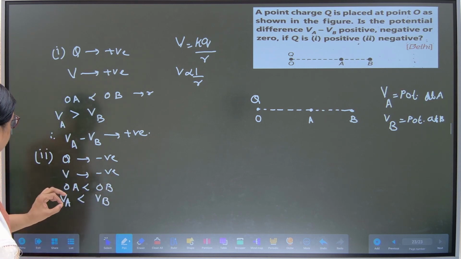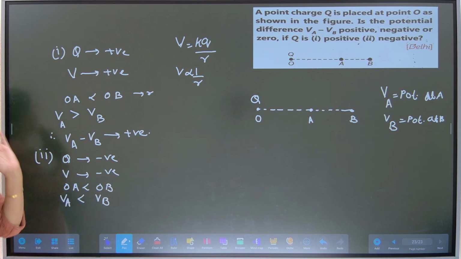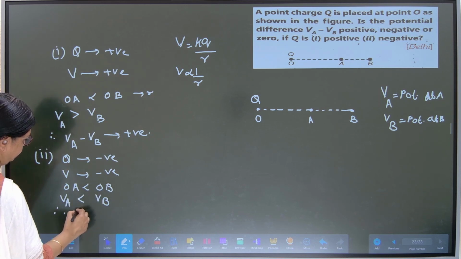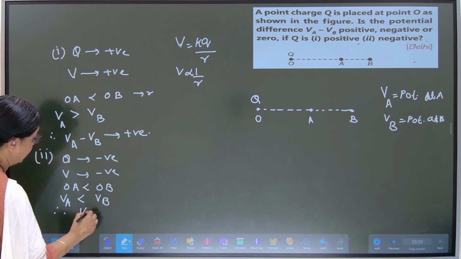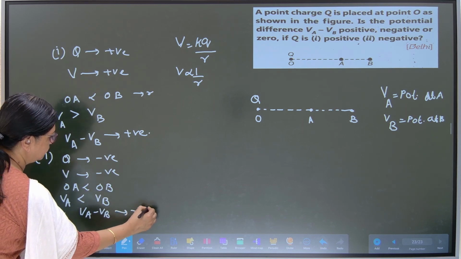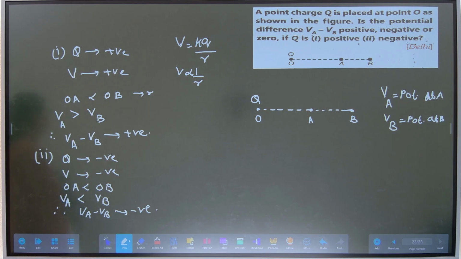That's why VA will be less than VB. Agreed? Okay. Therefore, VA minus VB will be negative. Agreed? Okay. I will get a negative answer for the potential.